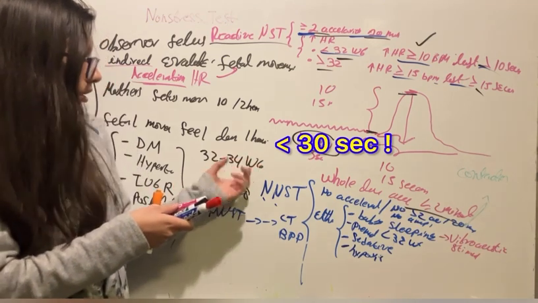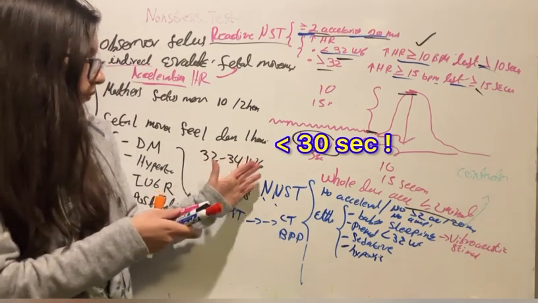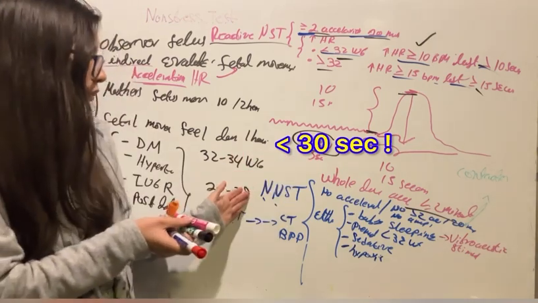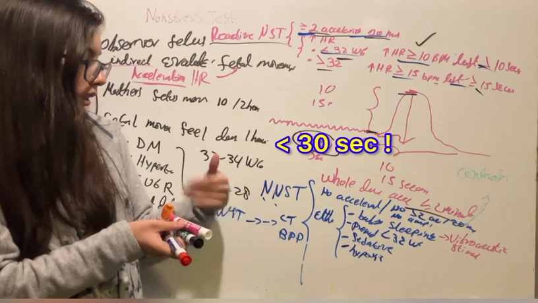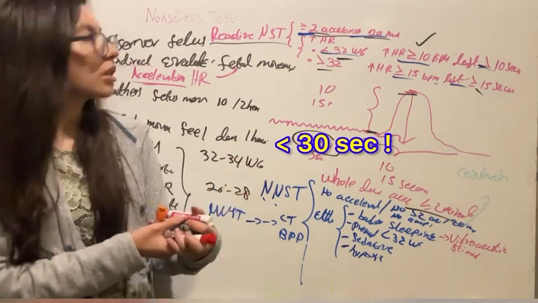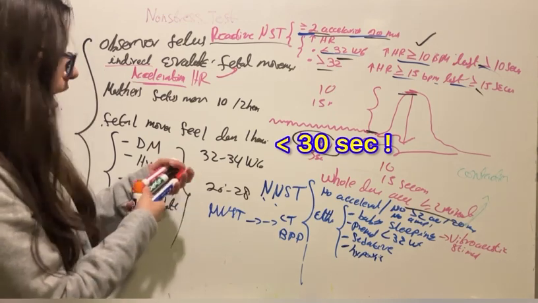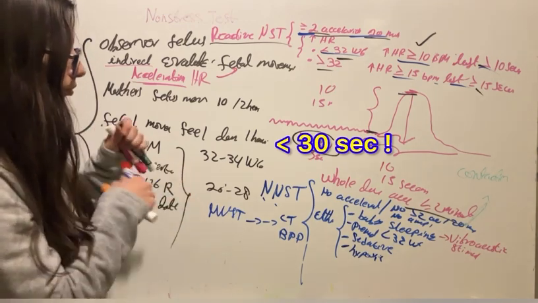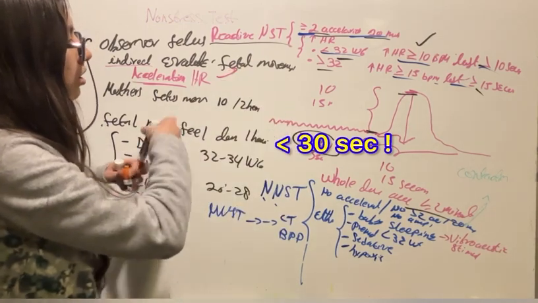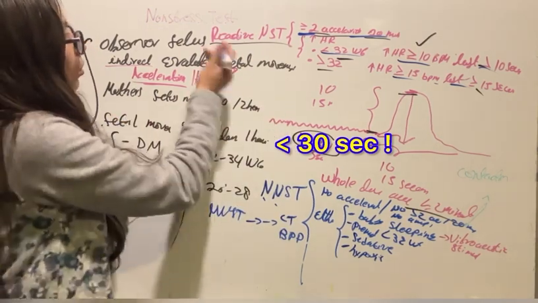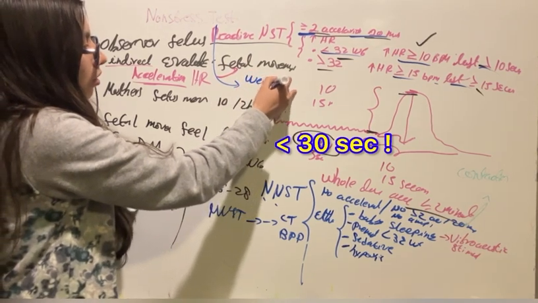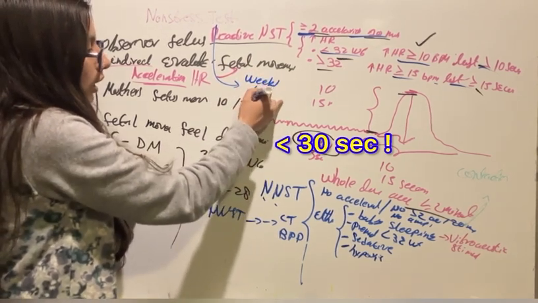This test starts between 32 to 34 weeks and beyond, or 26 to 28 weeks in very high risk patients. And if we are doing the non-stress test, we basically do non-stress test weekly or bi-weekly.